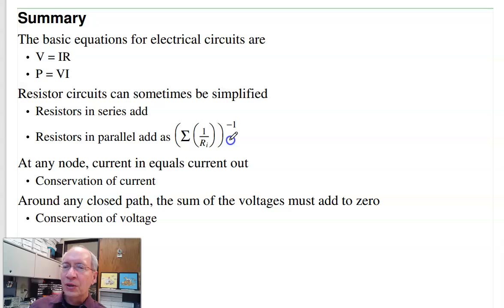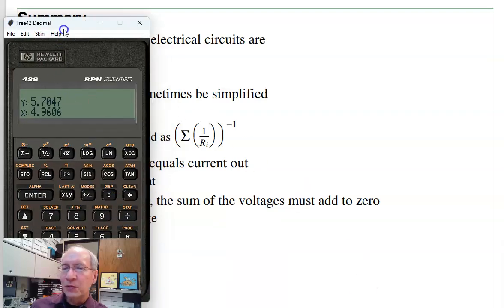At any node, current in equals current out, that's conservation of current. Around any closed path, the sum of the voltages must add to 0. Plus, using voltage division, given the volts at one point, I can find the voltage elsewhere. Again, this is something you could do in Matlab, but really when you have one equation and one unknown, a calculator is a lot easier to use. And in my book, the HP42, best calculator ever made for electrical engineers, this makes solving these problems really easy. That's the type of problems you can expect on tests. So when you get to Circuits 1, make sure you have a calculator that can solve these problems.